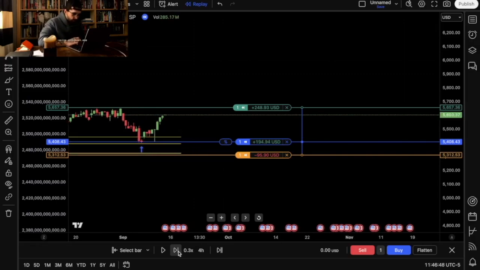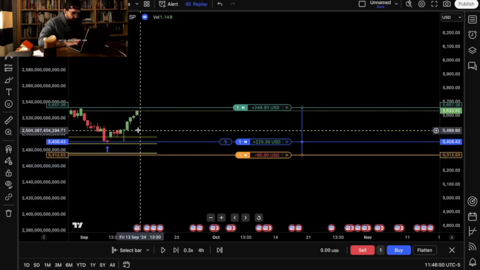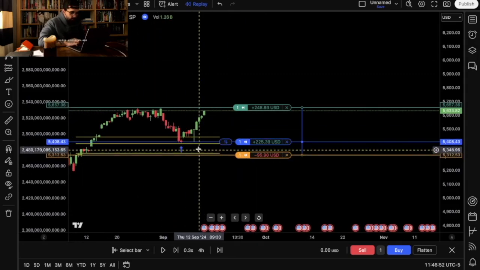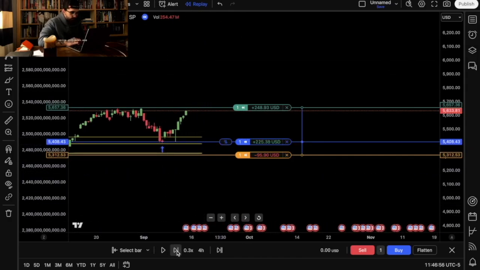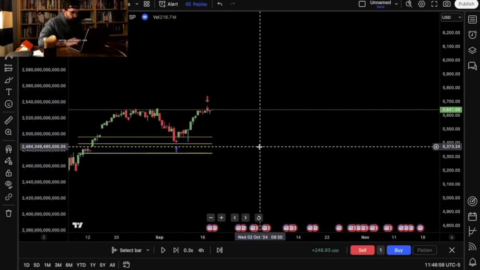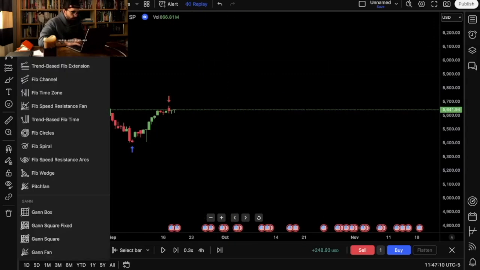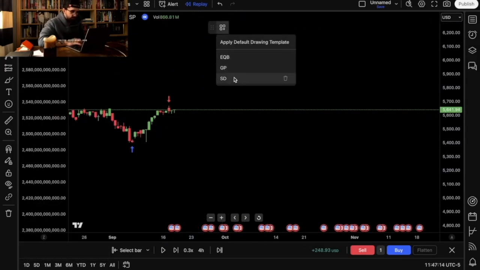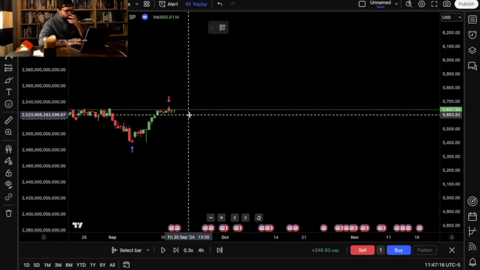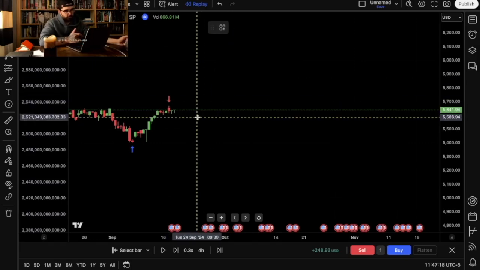Notice we wick this level again, which shows the strong support it has. And then bang. We can look at applying a standard deviation measurement too. Alright. So let's find an example.